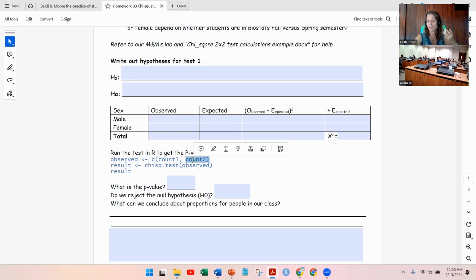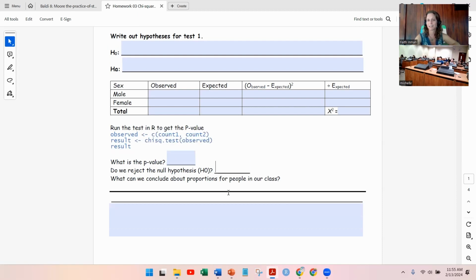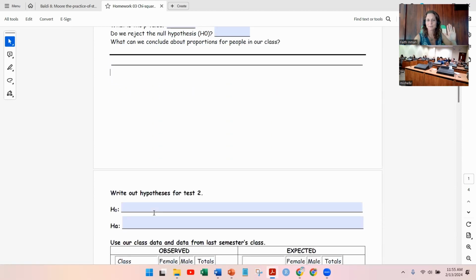It won't matter. Run this code and you'll get your result. You put in your p-value, whether or not you reject the null hypothesis, and your conclusions written as you do for saying what we think is happening: chi-squared, degrees of freedom, p-value. This is easy. No problem. You'll get this just fine.